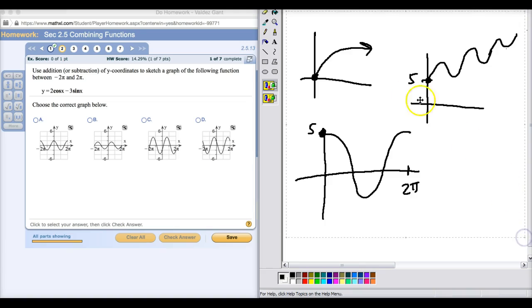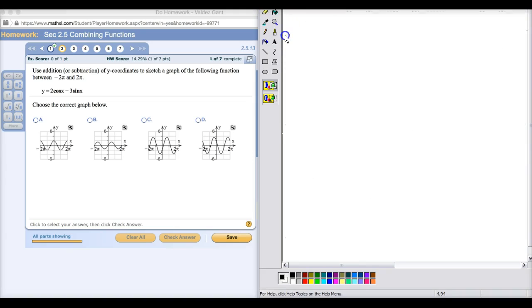And we will get started on this one as soon as that's done. Okay, so just like how we did before, we want to graph what 2 cosine x looks like and minus 3 sine x, and sort of see how both of those combined together would possibly look.